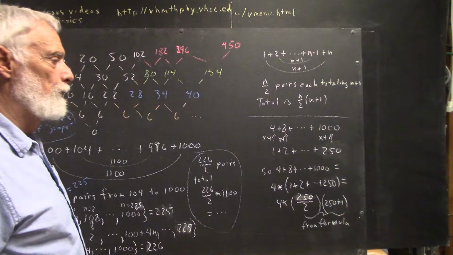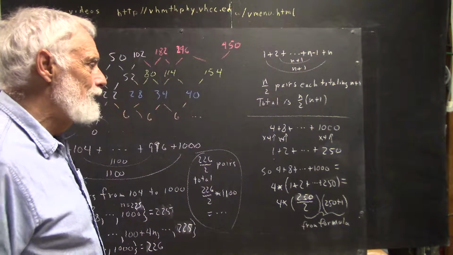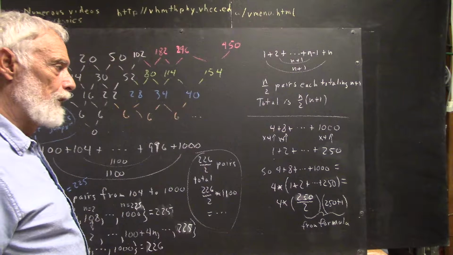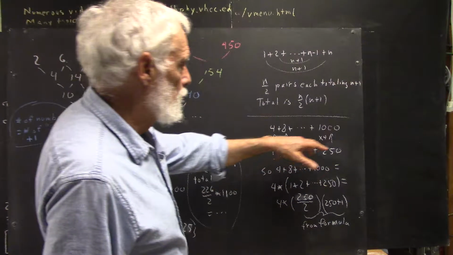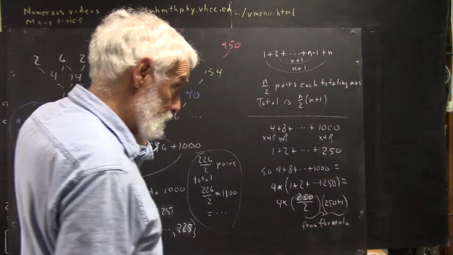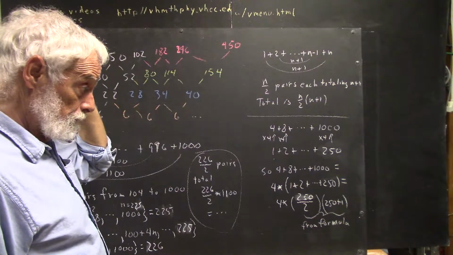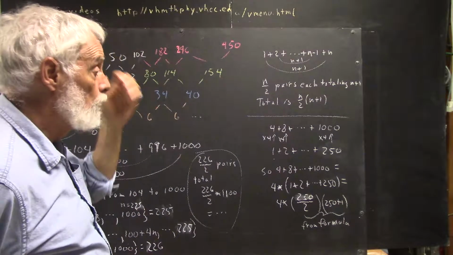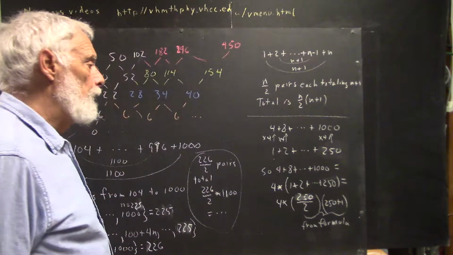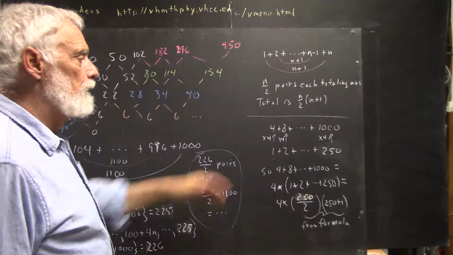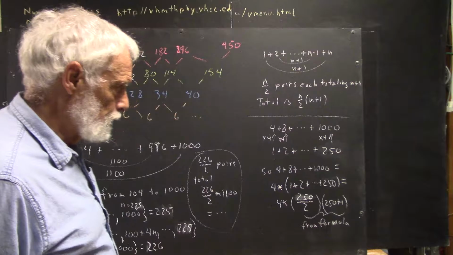Okay, now if you've gone from 104 to 1,000, then you might pair those numbers up with numbers from 26 to 250. Then there'd be 225 such numbers. And then you'd add the number 100 and so forth.